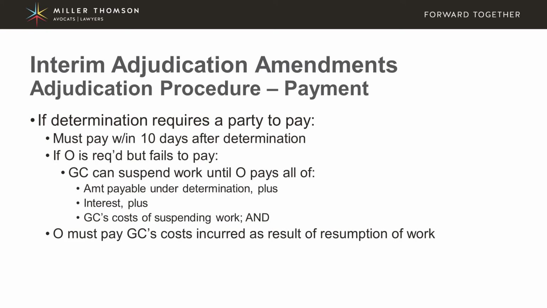If, let's say, the owner is required to pay but fails to do so within the 10 days after the determination is issued, there are also some serious implications, because this means that the general contractor can stop all work on the project until the owner makes payment of the amount that it's been ordered to pay under the determination, plus interest, plus the general contractor's costs of suspending work.